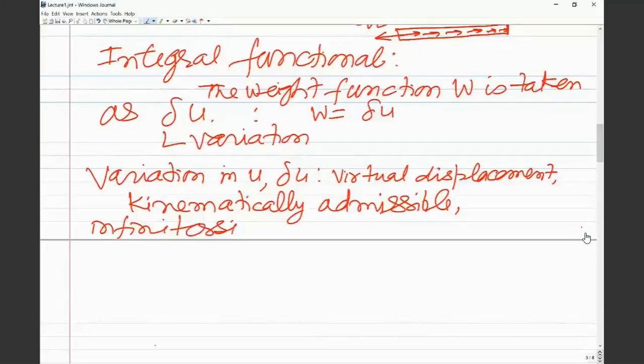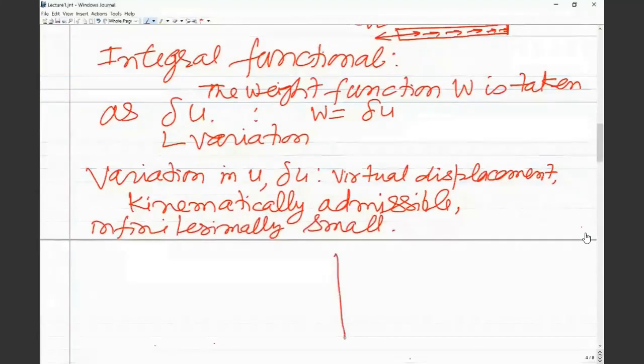What we are doing here is, if you look at the plot of U along the x direction.